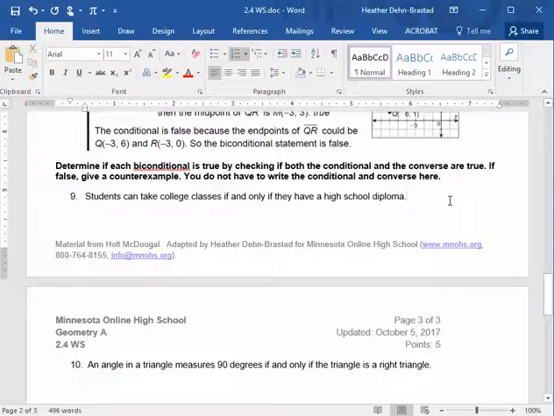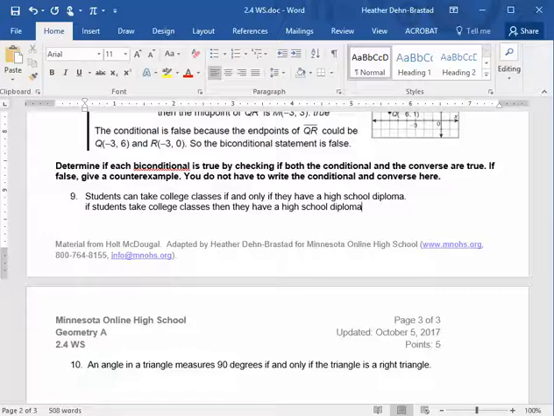high school diploma. So the conditional sentence, which I don't have to write, would be if students take college classes, then they have a high school diploma. That's the conditional. Now, you didn't have to write that. You just need to think about it.